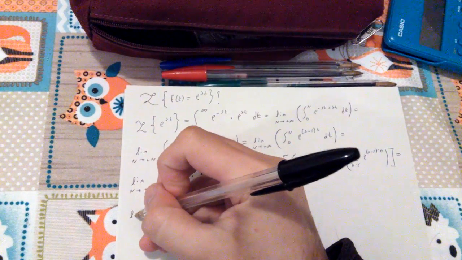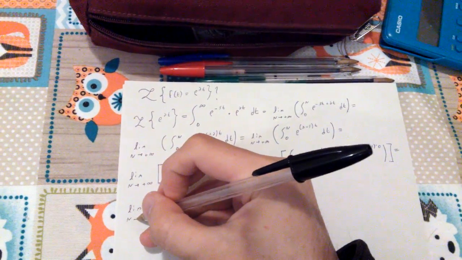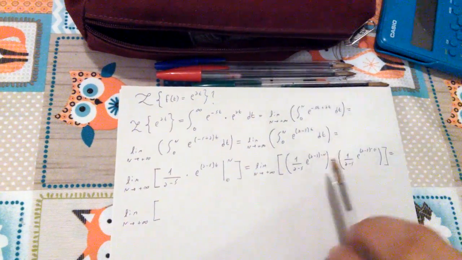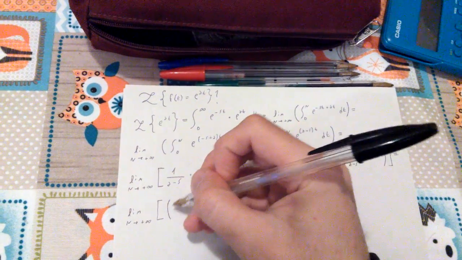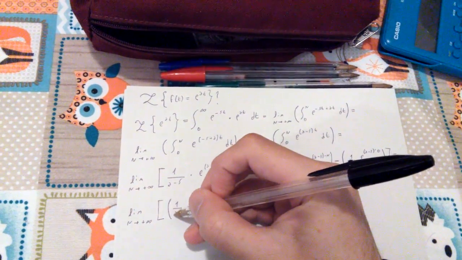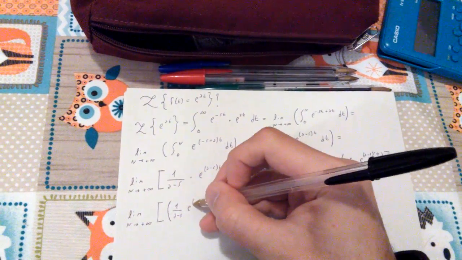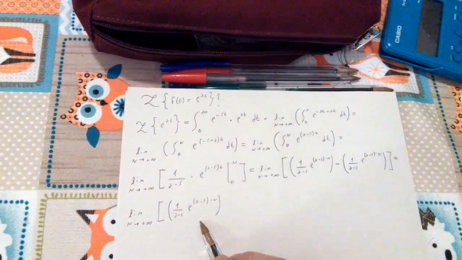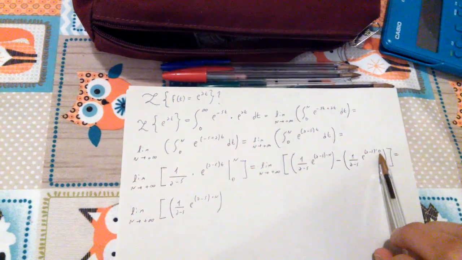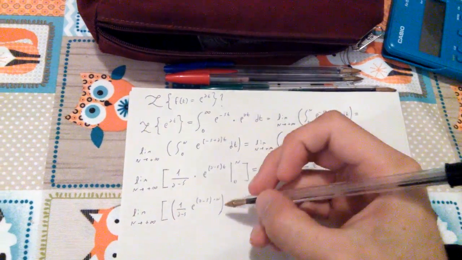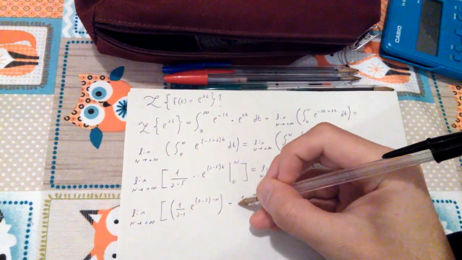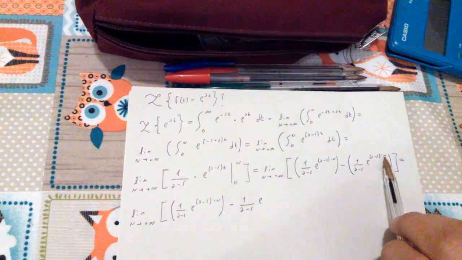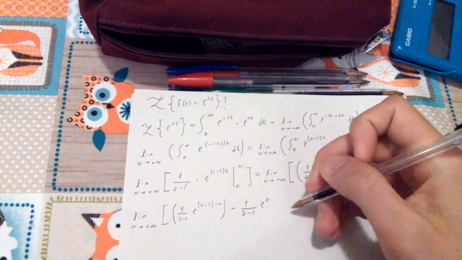Now what do we have? Well, you have the limit as n approaches positive infinity of this thing here. So this one is still going to be the same: 1 over a minus s e to the a minus s times n, and we're gonna deal with this later. But now we're just gonna multiply everything by 0, so this just becomes negative 1 over a minus s e to, well, those two guys times 0, it's just 0.